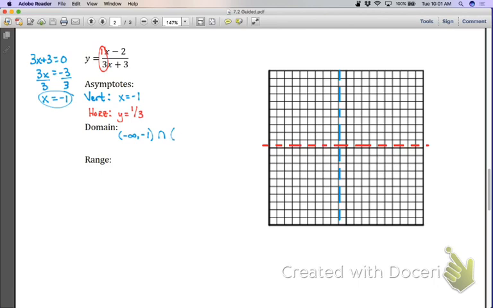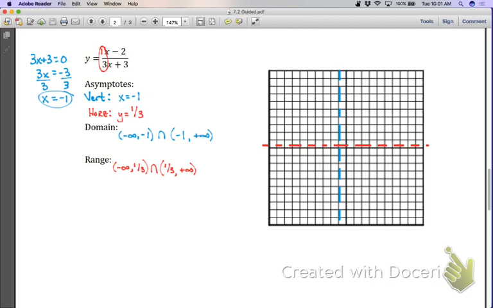And then from -1 to positive infinity. What's your range going to be? It's going to come from the bottom up. So it's going to come from -infinity to where? 1/3. It's going to jump at 1/3, and then it's going to keep going.